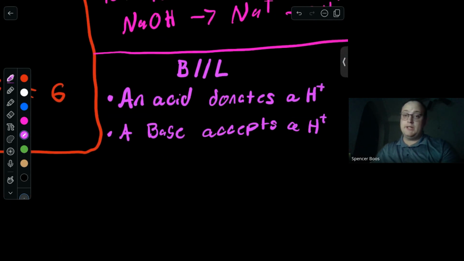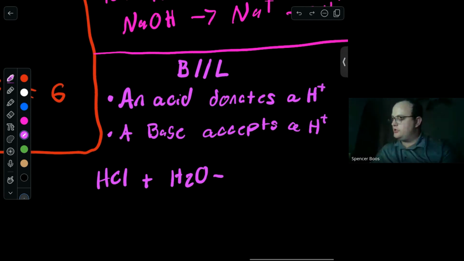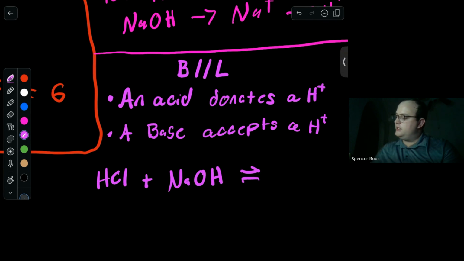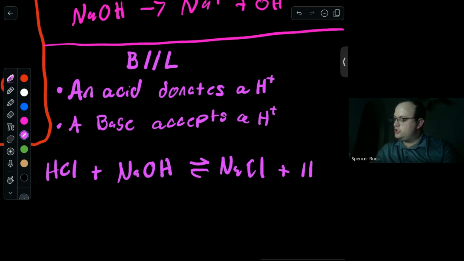Let's consider this equation. We've got, let's say, HCl plus H2O in equilibrium with... actually, let's do NaOH in equilibrium with NaCl plus H2O.